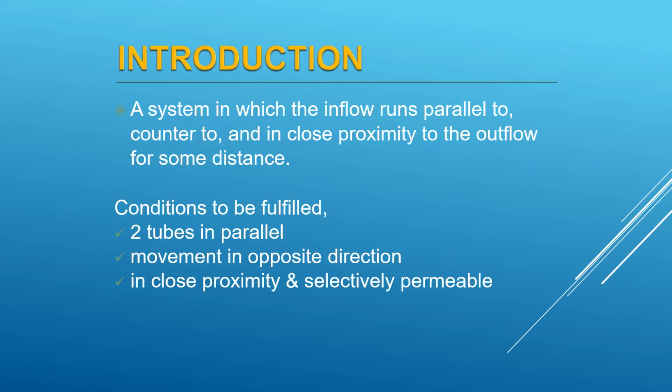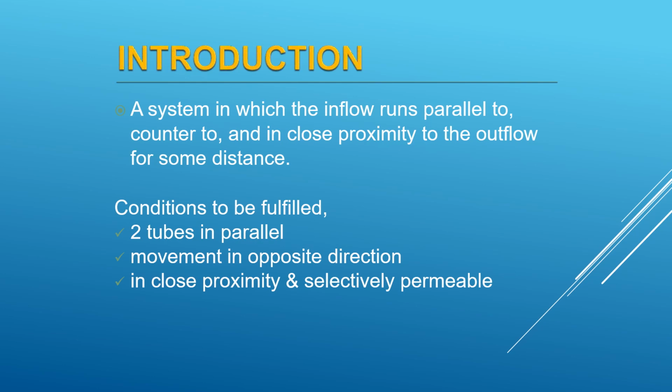So a countercurrent system is a system in which the inflow runs parallel to and counter to and in close proximity to the outflow for some distance. Flow means any liquid form.